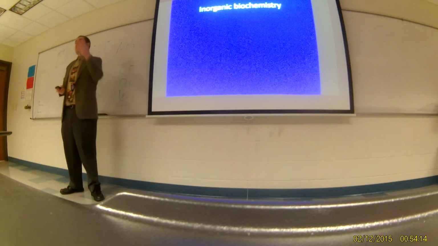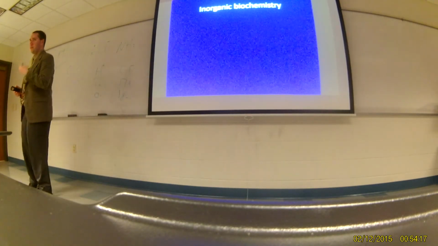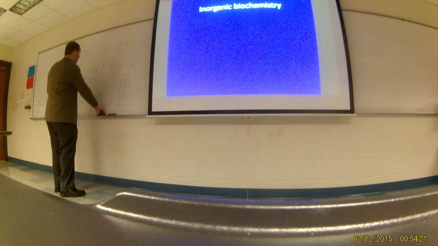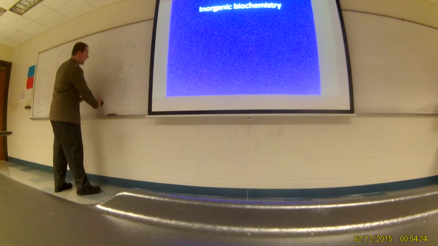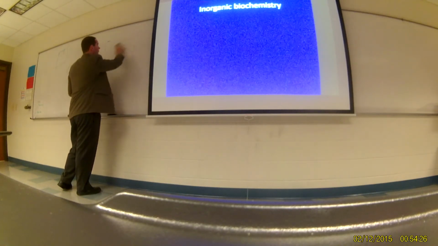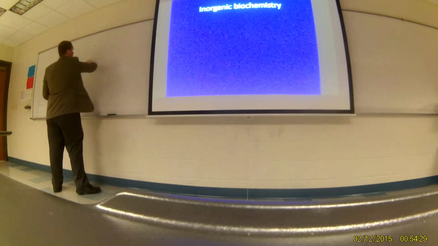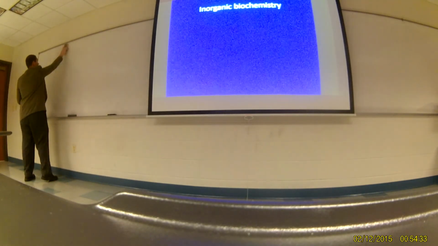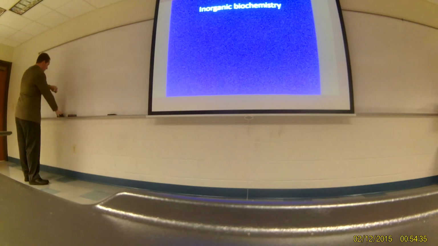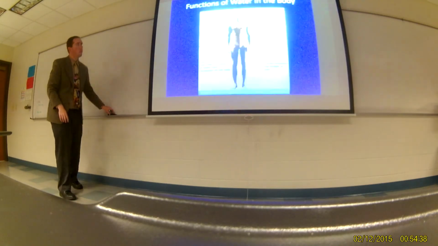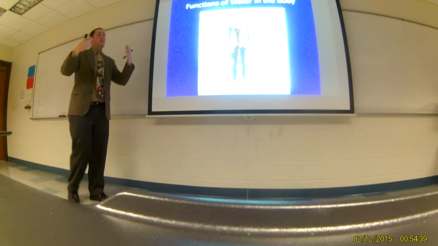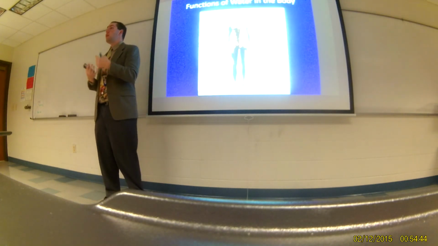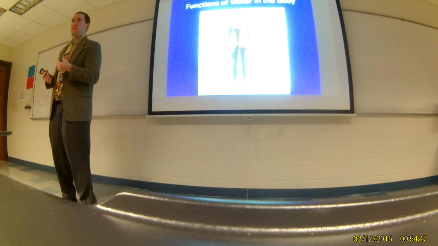So our next section is inorganic biochemistry. So biochemistry is going to be the chemistry in relation to our body. Inorganic means no carbon. Generally, this is going to be ionic compounds. The majority of our body is made up of water, and water is inorganic.